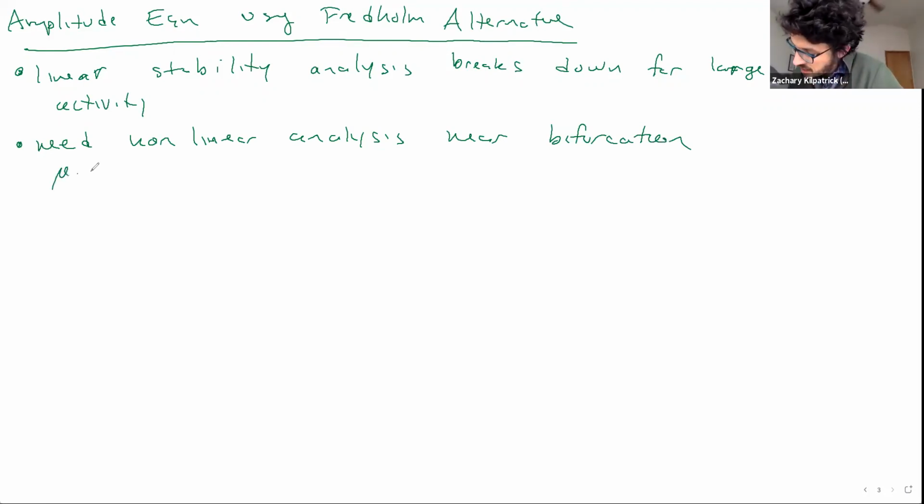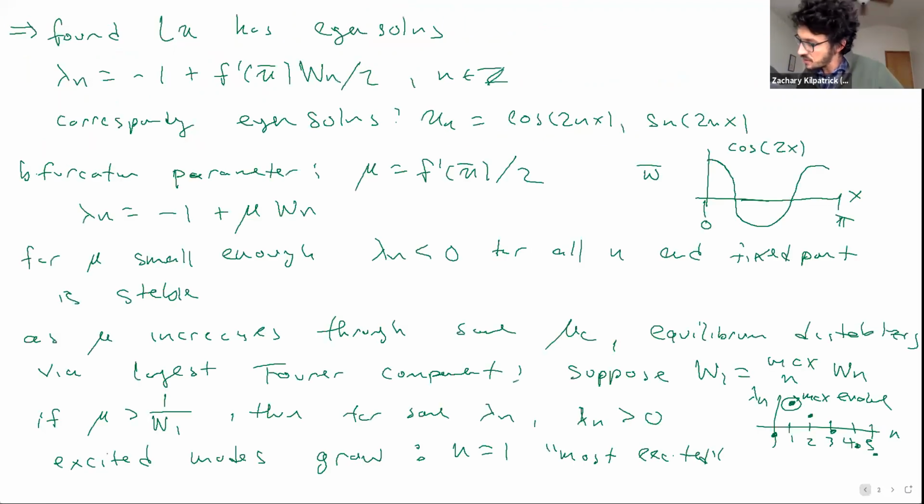So we're going to assume that mu is close to that critical point. What's mu c? Mu c is just that value, right? In this case, it's 1 over W1 that leads to instability, okay?